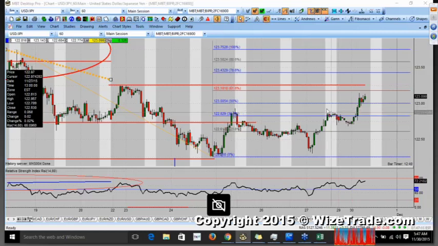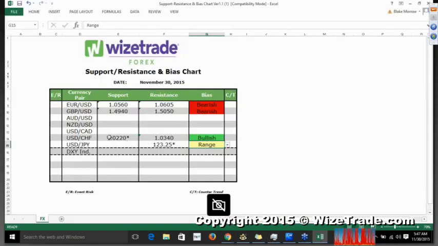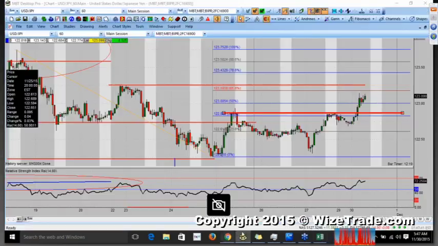Mostly wicks have contained us down at 122.90. Yeah, 122.85, and pretty tight ranges here as well. Let's go take a look at the Canadian.